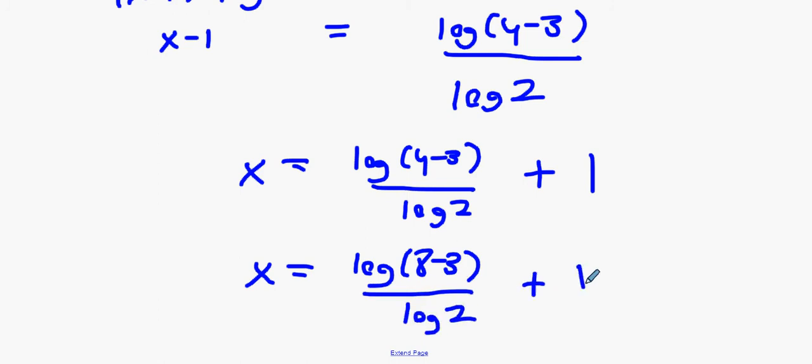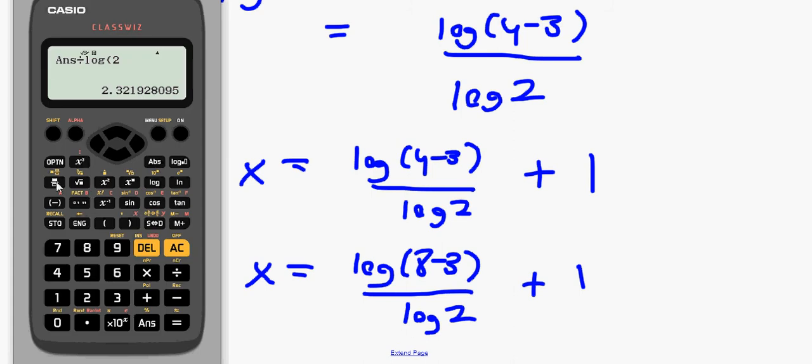Right, let's put all that into the calculator then. It's going to be log 5 divided by log 2, and it's going to be add on 1 at the end. We got 3.3219. Anybody else get that?